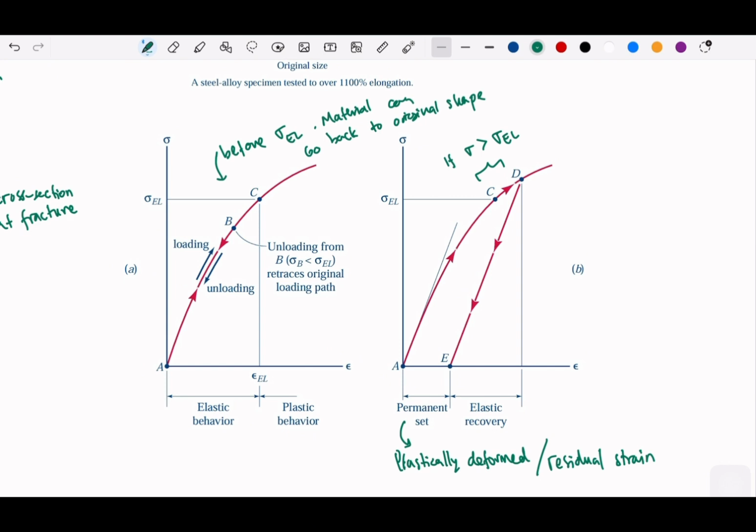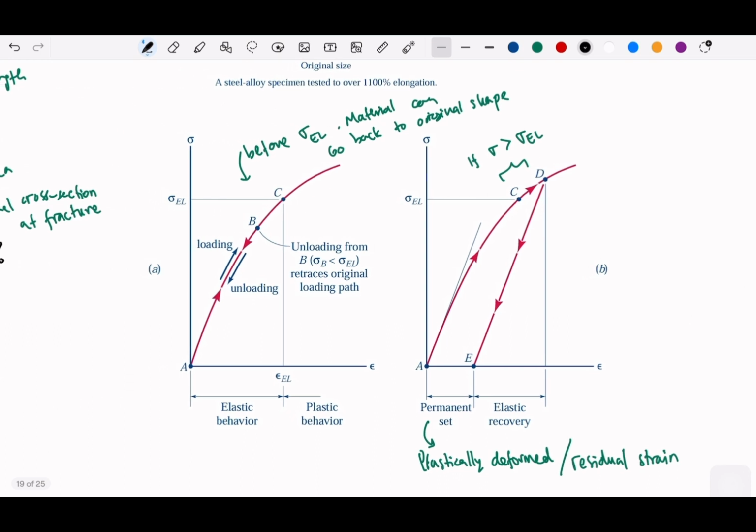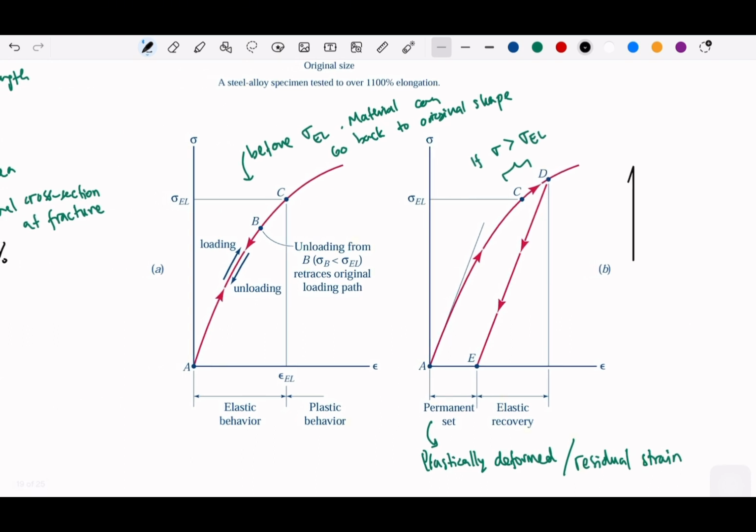There are some models that we call perfect elastic and perfect plastic. Let me just draw here. So this is sigma yield, and this is the strain yield.